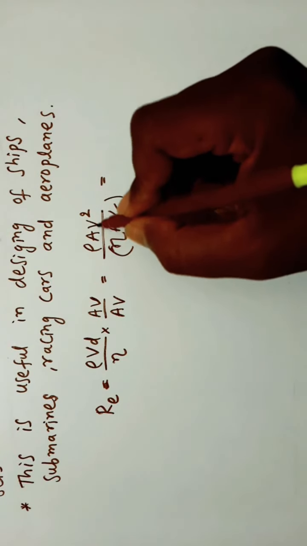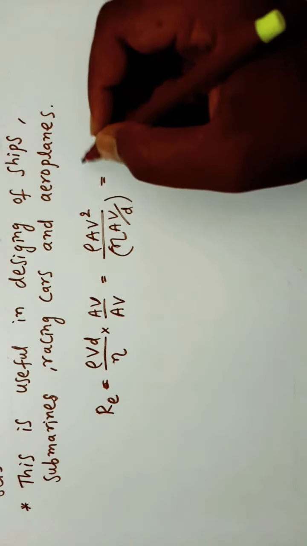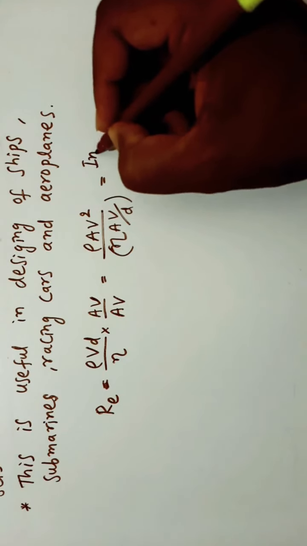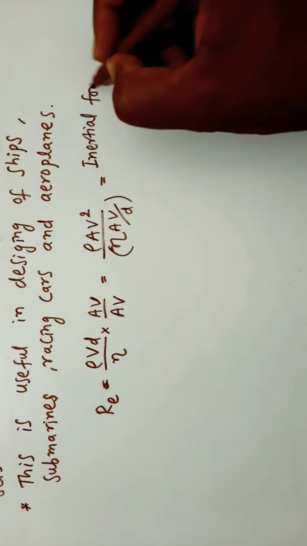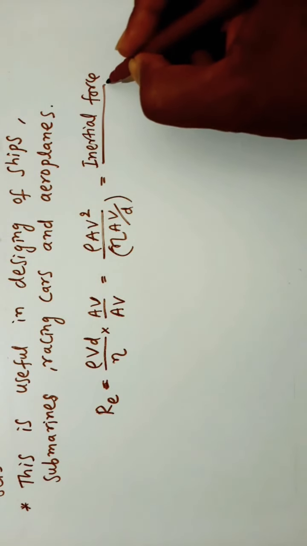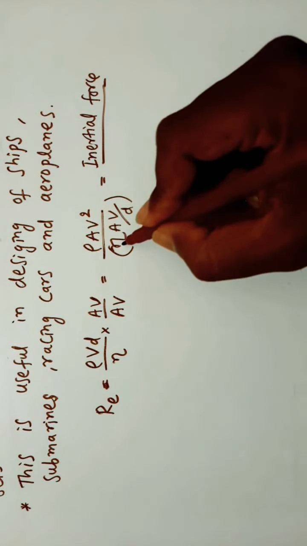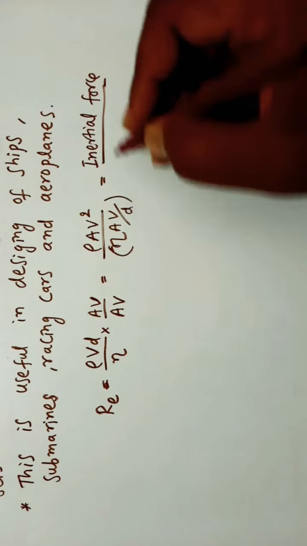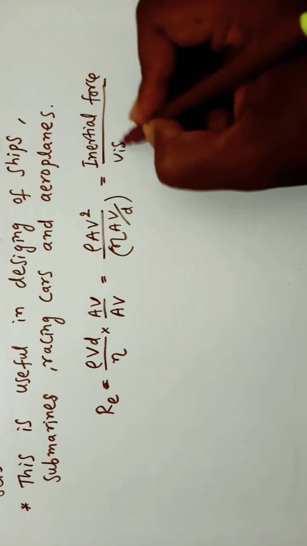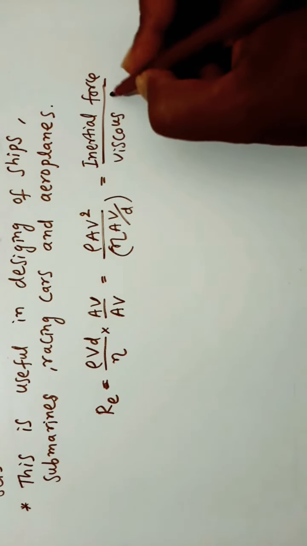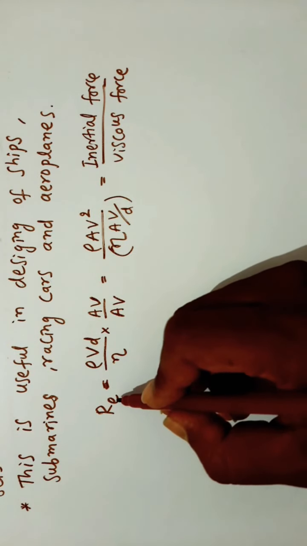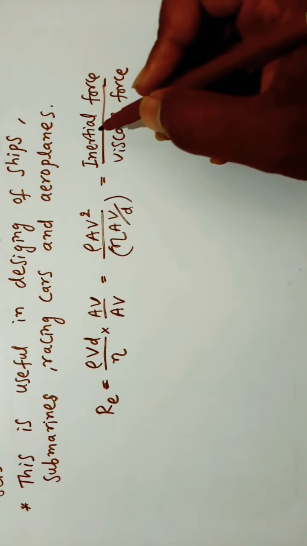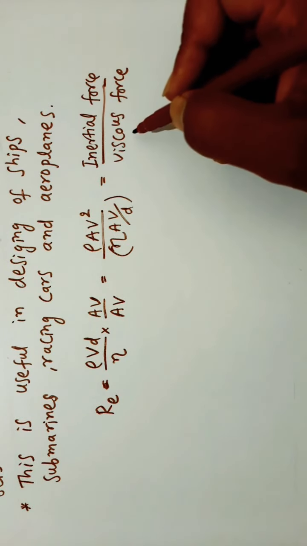Here eta A V D by D is viscous force. So Reynolds number represents the ratio of inertial force to viscous force.